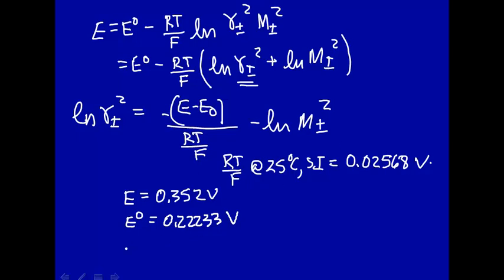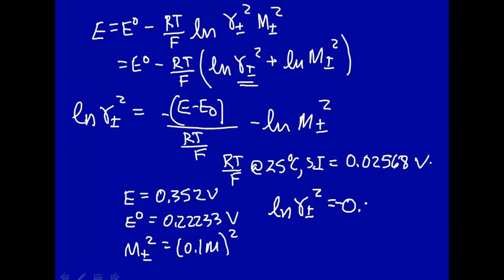And then we said that M plus minus squared is just equal to the concentration, 0.1 molar, squared. So we can plug all these numbers in here and solve for the natural log of the mean activity coefficient squared. That comes out to be minus 0.444.